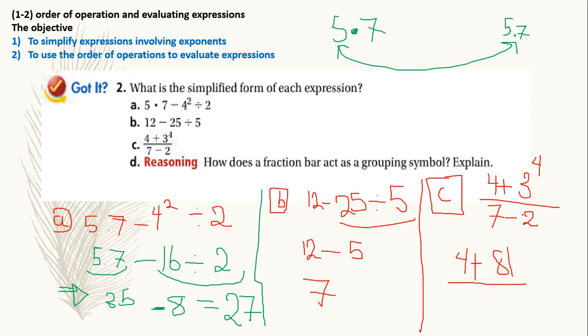In the denominator, 7 minus 2 is 5. So 4 plus 81 equals 85 over 5. So 85 over 5 will give you 17.